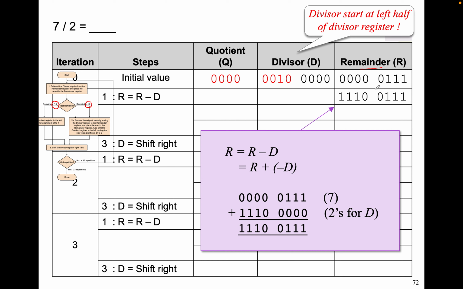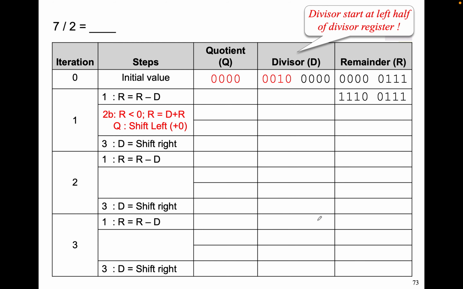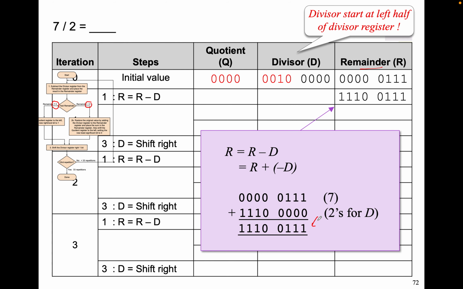So your remainder over here, what is the value? You need to check the value. Normally, as you see over here, we know that this is a negative number, but you can directly convert back to the value.